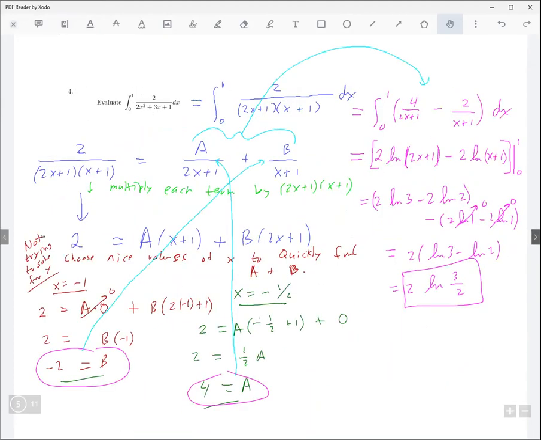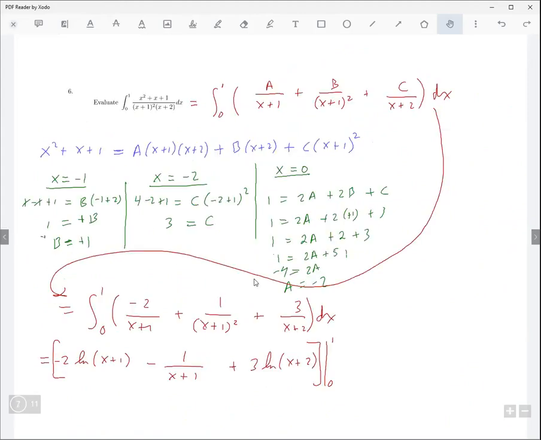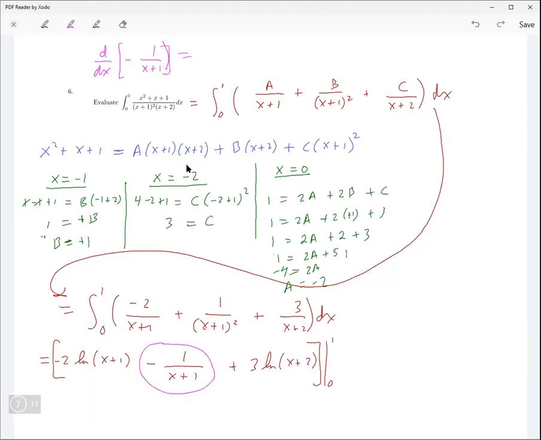But in case you're confused by my explanation, which is almost impossible to be confused by, think of it this way. Right here, if I take the derivative of negative 1 over x plus 1, that's the same as the derivative of negative (x plus 1) to the minus 1.